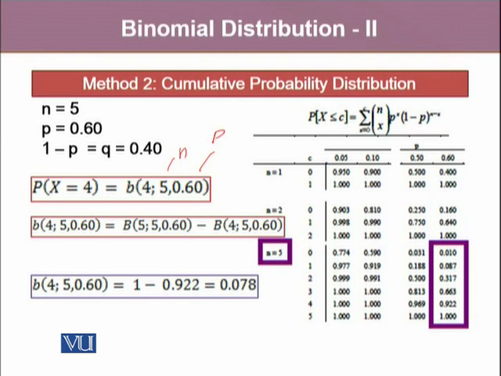So to find out this probability, we will take the cumulative probability for 5 and then the cumulative probability for 4 successes, and we subtract these probabilities, which is 1 minus 0.922, and it will give us the same probability, 0.078, which we could have obtained using the probability mass function or the table for the probability mass function.